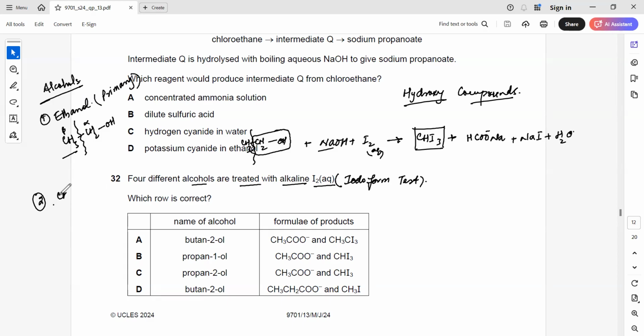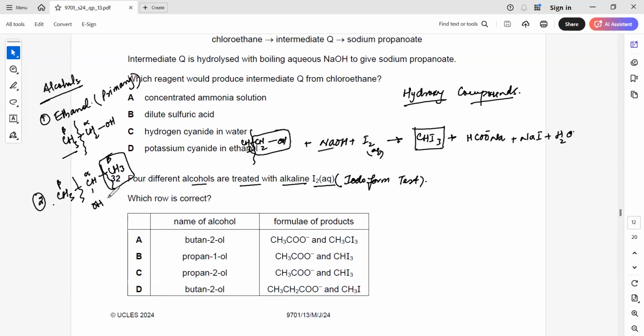For example, if I have this secondary alcohol, that is my alpha carbon with which the OH group is attached. On both sides it has beta carbons, meaning methyl groups. So it will also give us the iodoform test.